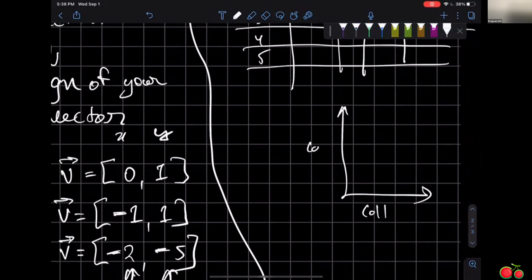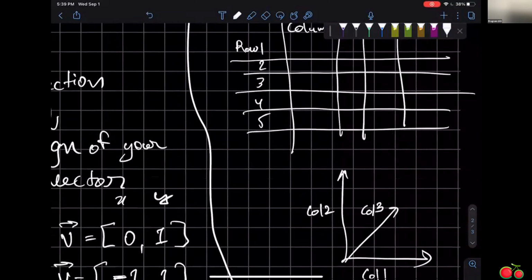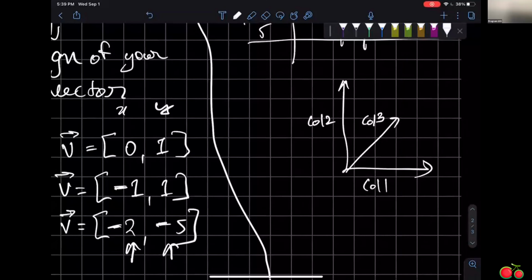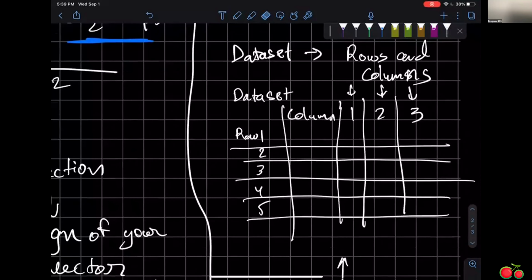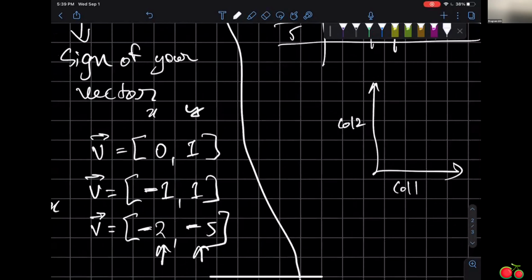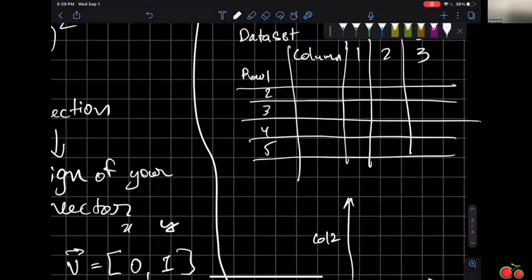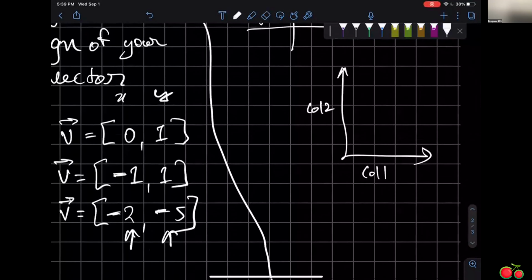Let me simplify by just taking 2 columns, and then I'll add the 3rd column. So essentially the columns are exactly like dimensions, right? And each row is like one data point.